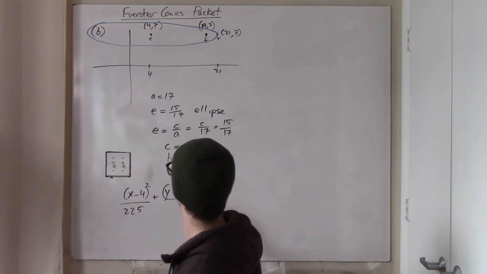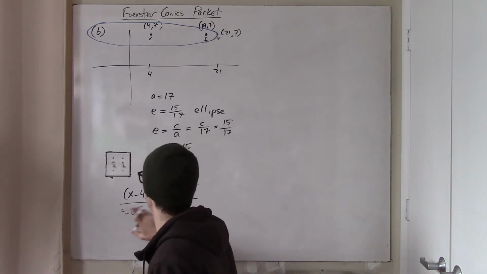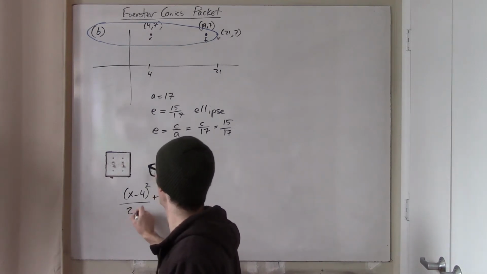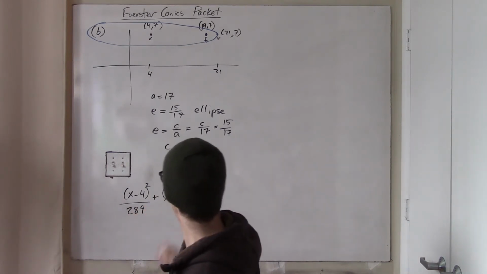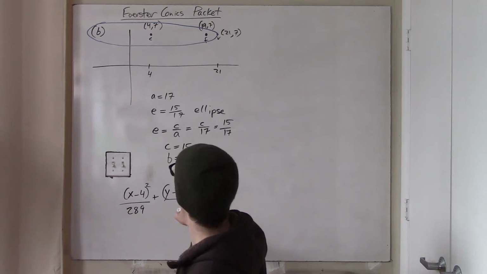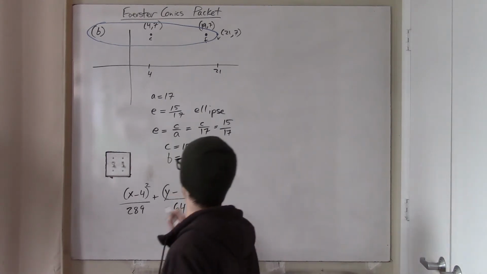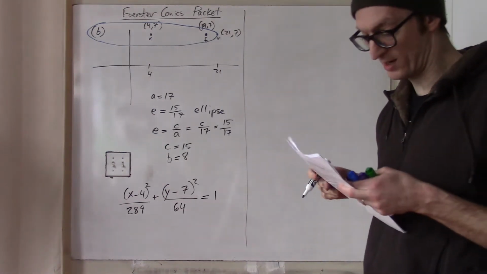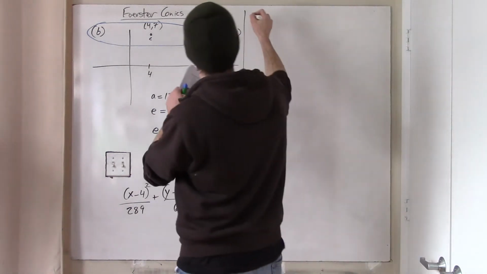No, x is being stretched out by a factor of 17, so that's 17 squared, 289, and the y coordinate is being stretched out by a factor of 8. So I'm very confident that that is the right answer there. Good, 2 down, bunch to go.